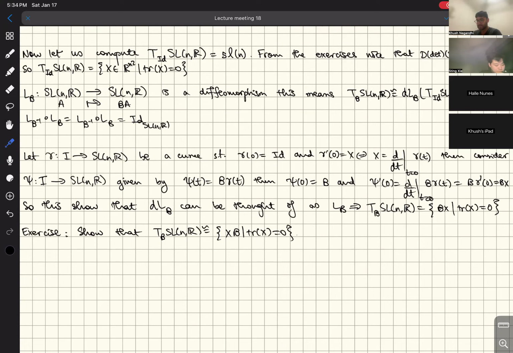Okay. So with this out of the way, let's now talk about what I think is actually one of the most important constructions in, at least, early geometry.